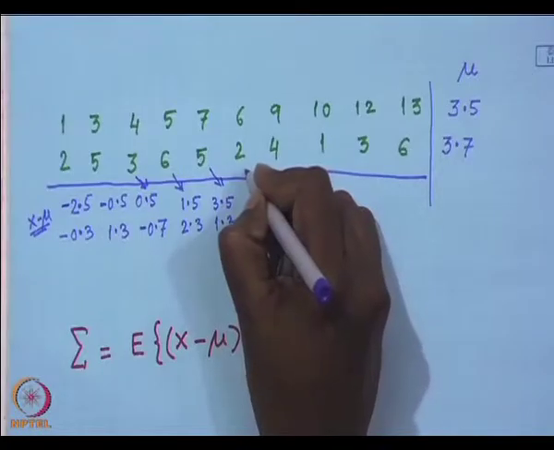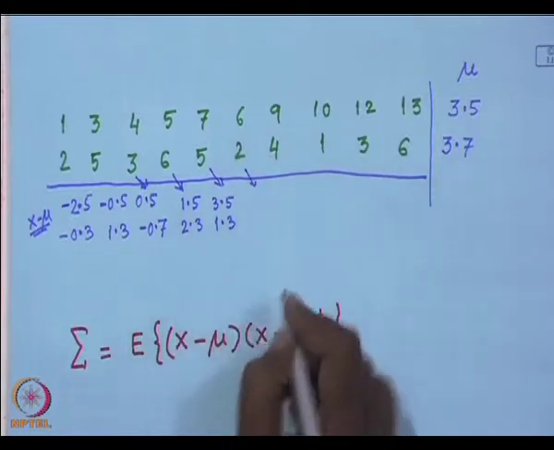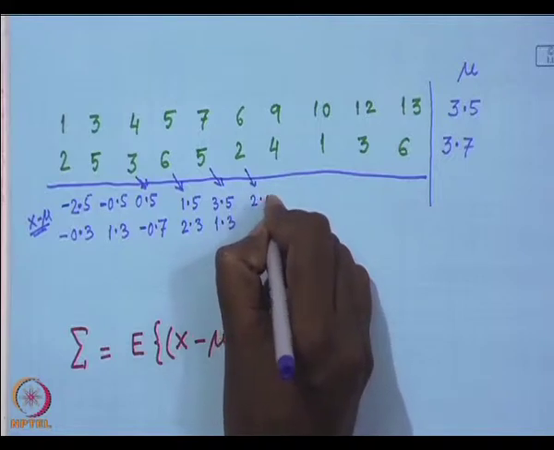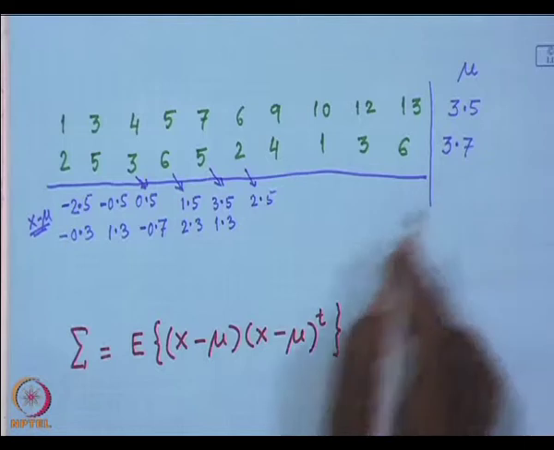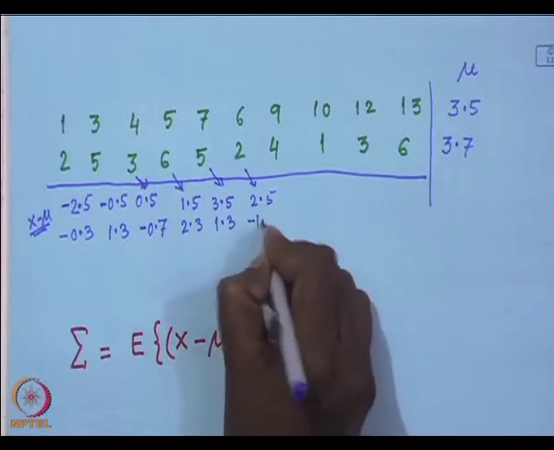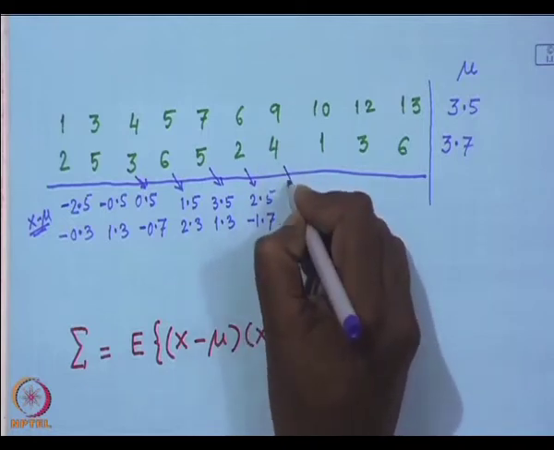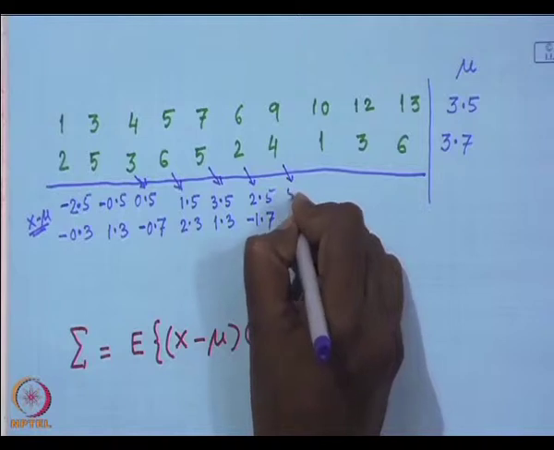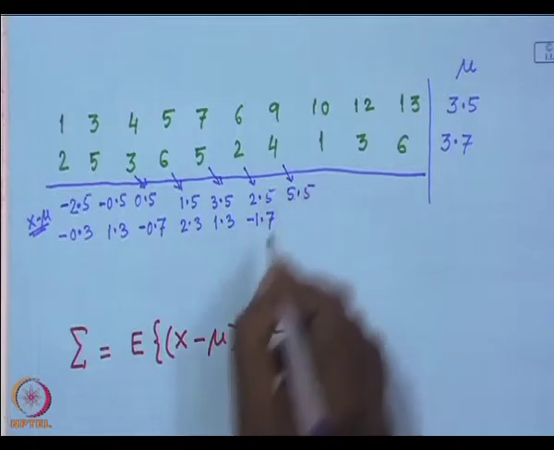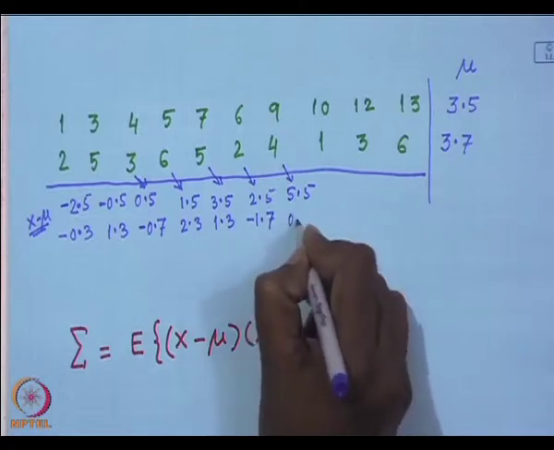Now, coming to the other set of feature vectors, this is 6 minus 3.5, which will be 2.5, and 2 minus 3.7, that will be minus 1.7. Similarly, for this it is 9 minus 3.5, which will be 5.5, and this is 4 minus 3.7, which is 0.3.